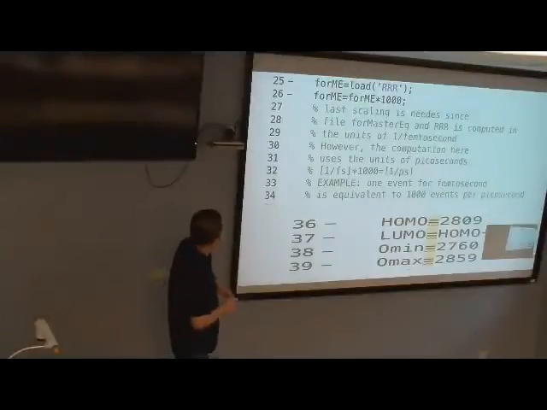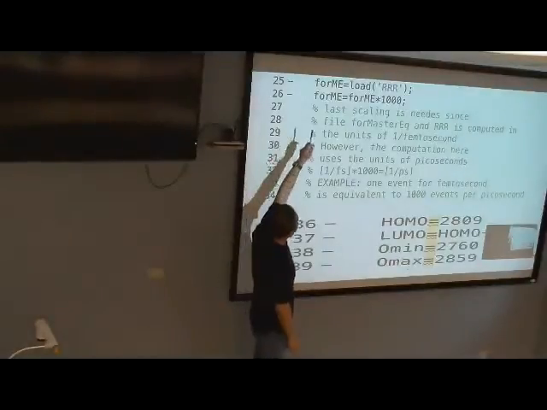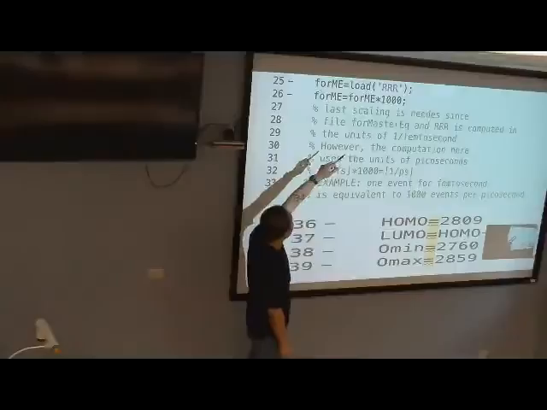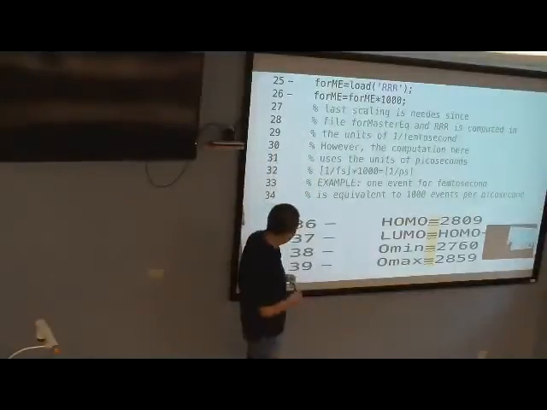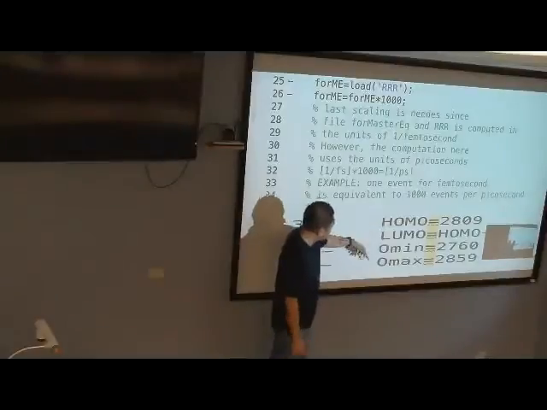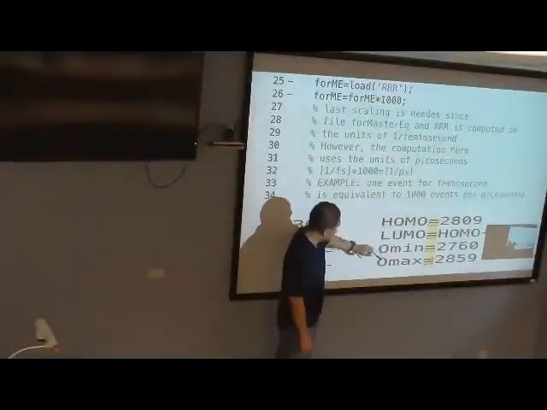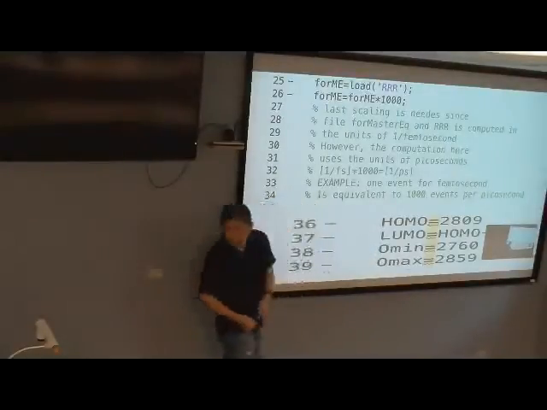So here for this line, we just load the triple R file and we name it for ME. And here we need to modify some input. We need to specify the start of the orbital and the end of the orbital.